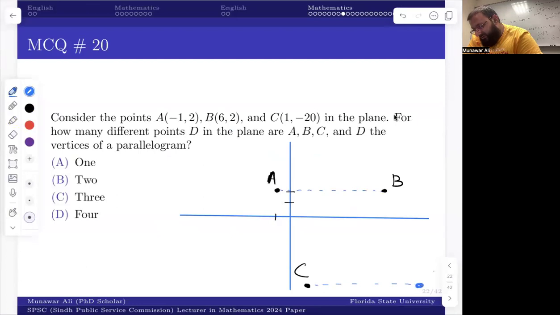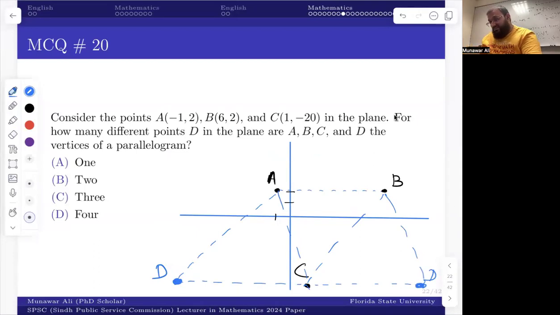This is the D point that I'm looking for. One possibility is going along this way. This is the D point that I'm looking for, let's say. So if you do like this, you will get a parallelogram like this, or you do like this. So there are two possibilities that we have for now, but we can go for another possibility as well.